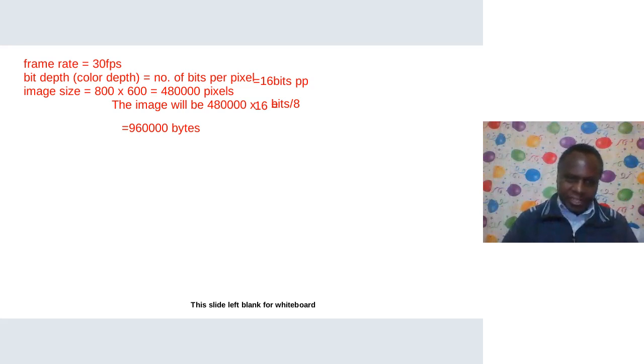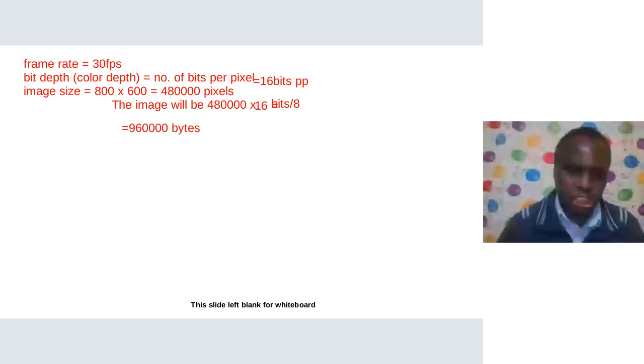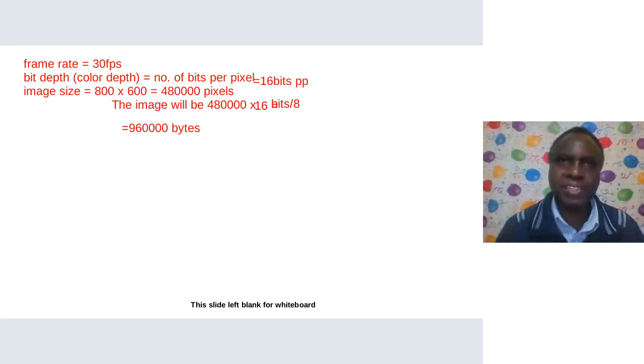Many of you are agreeing that is correct. But there is a question from Emmanuel: is the 16 bits constant everywhere? No, not really. We are just assuming a case. In the history of this technology, very many values have been used. Initially it was just 1 bit per pixel.